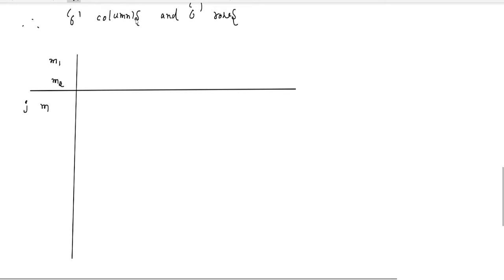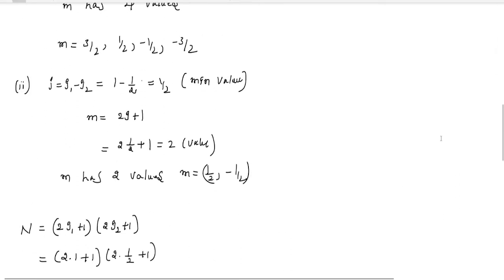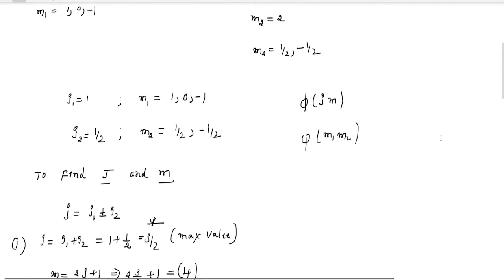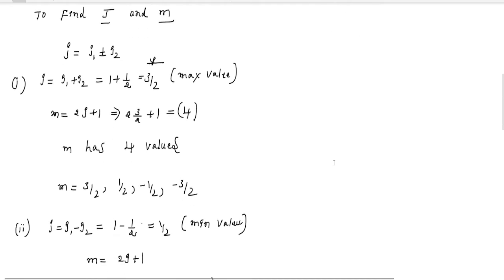We know what the m2 values are: m2 is equal to 1 divided by 2, minus 1 divided by 2.